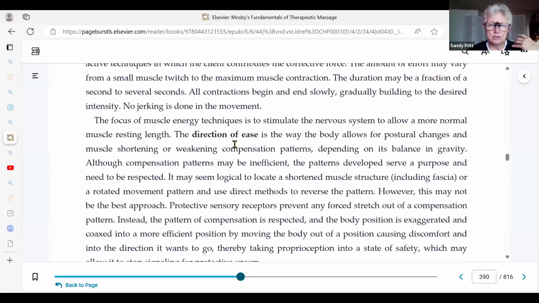With stretching, you're moving into the bind and beyond the bind. So that's called a direct method.